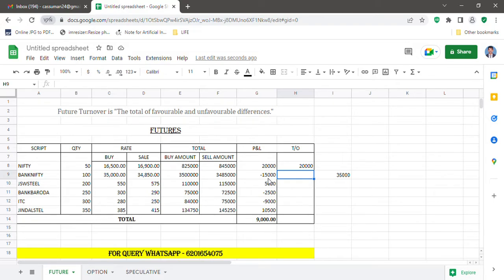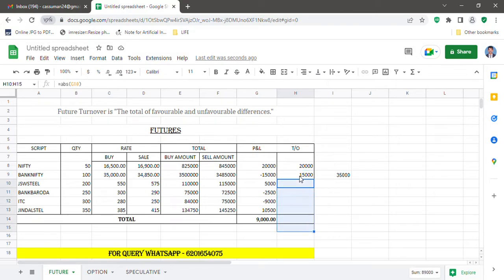So for calculating turnover, what we will do, we will just take the absolute figure of the differences, that is plus ABS, bracket open, select it, bracket close, enter. Look what we did, we just ignored this negative sign. Okay, and we had taken the absolute value.